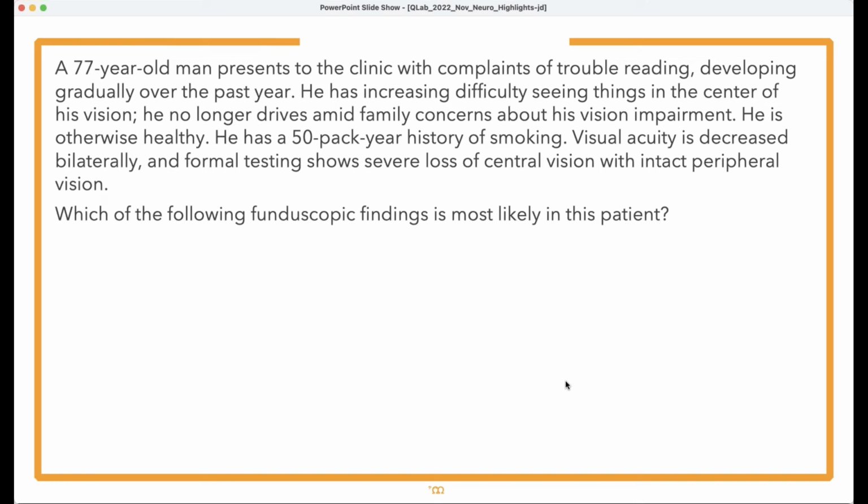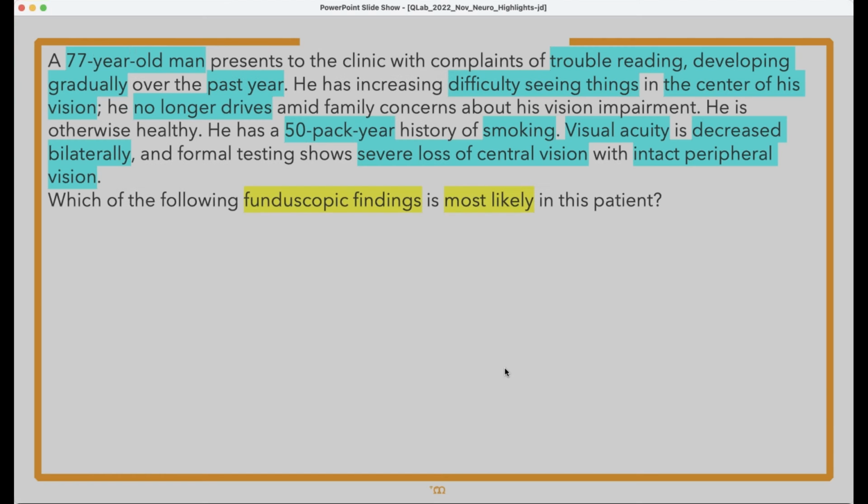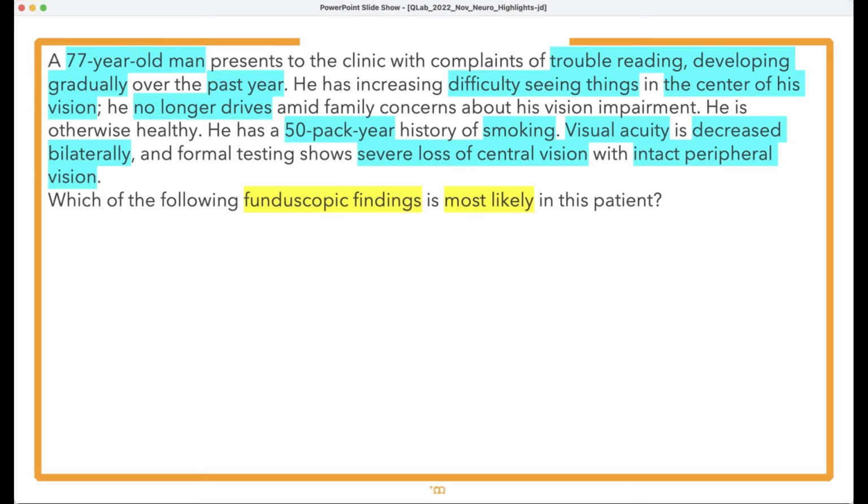Thank you, Jeff. Yep, so this is now our fourth question. And so hopefully you guys are starting to get a sense of what are those important clues in these neuropath questions to really make sure that you get that right answer. So now you can see here we've got a 77-year-old male, so another elderly gentleman, and he's coming in with trouble reading, specifically just trouble reading.